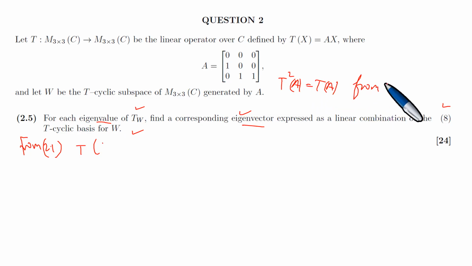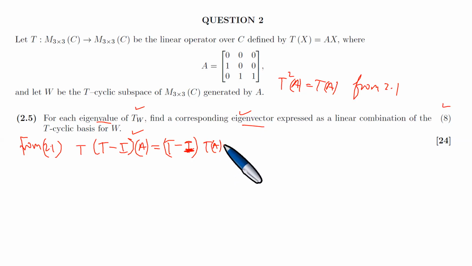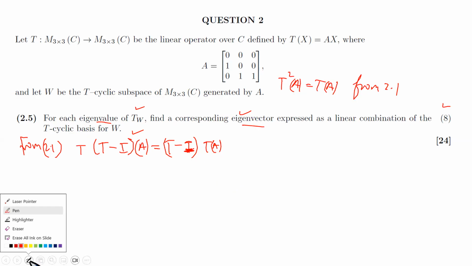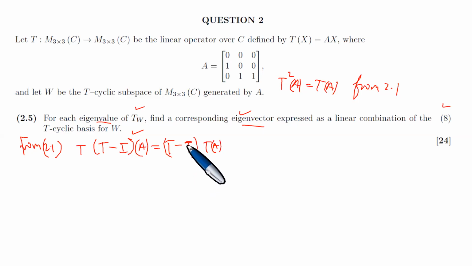So this means that T of (T minus I) applied to A is exactly this. Just note that one. Let me just clean this up a little bit.